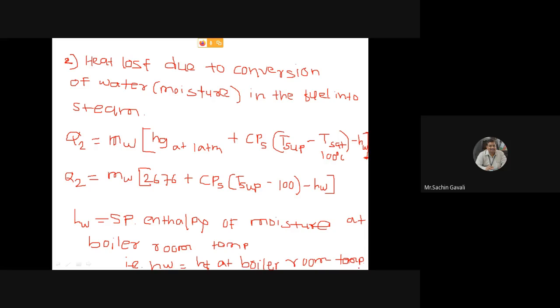But the hg value at 1 atmosphere is 2676, so Q2 is equal to MW into 2676 plus CPS into T sup minus 100, minus HW, where MW is the mass of moisture and HW is the specific enthalpy of moisture.